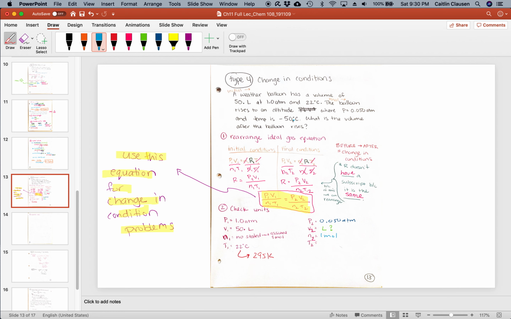And then the temperature changed to negative 50 degrees Celsius. If we add 273.15 Kelvin to that, we should get 223 Kelvin as our answer for temperature in the final conditions. Well, now we can take all of this data, plug it into our equation, and solve.